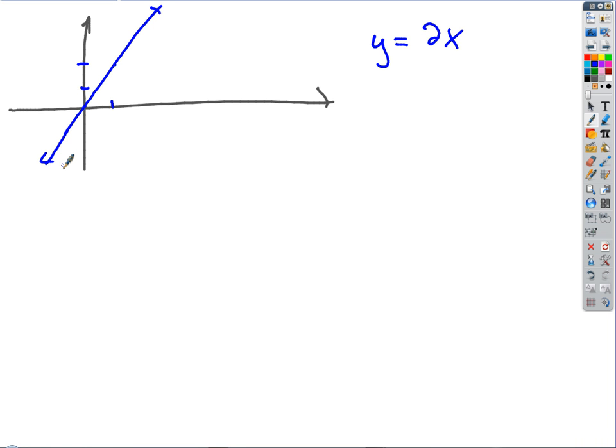Right? So there's y. If I want to sketch a graph of y prime, that wasn't too big a deal, was it? What did the graph of y prime look like if I'm given the graph of y? It's going to be a horizontal line, isn't it? With a value of what? 2. Yeah.